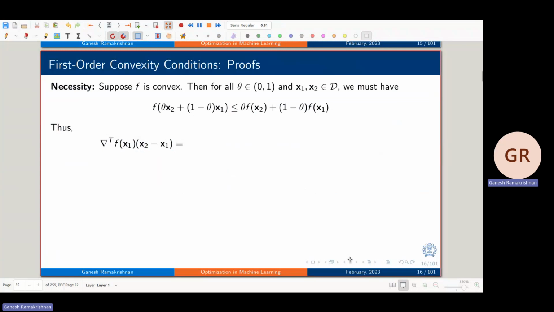So if f is convex, we must have this inequality. Now, how do I obtain this? This is where you should pay attention. How do I obtain the dot product of the gradient at x1 with x2 minus x1? Is there a way I can write it in terms of this? Yes, you should try doing this. This is an important step, and we'll only spend time on the trickier steps here.